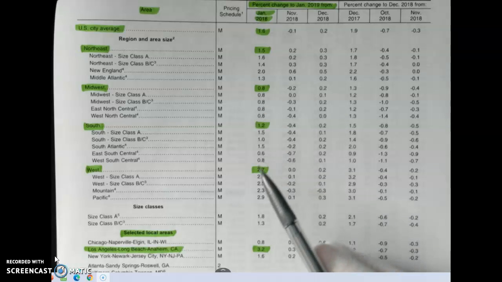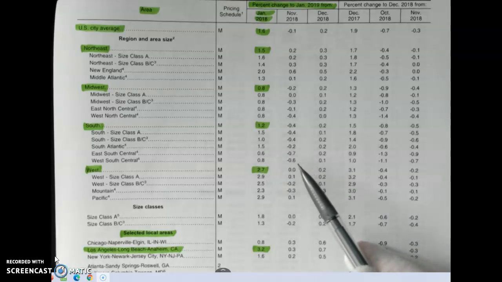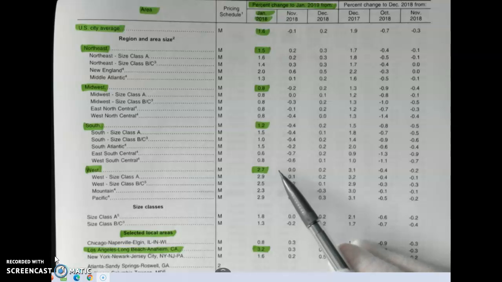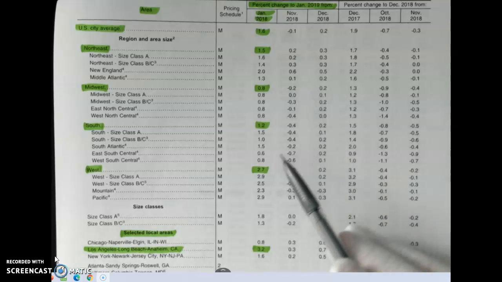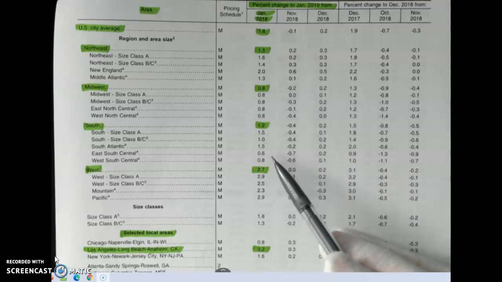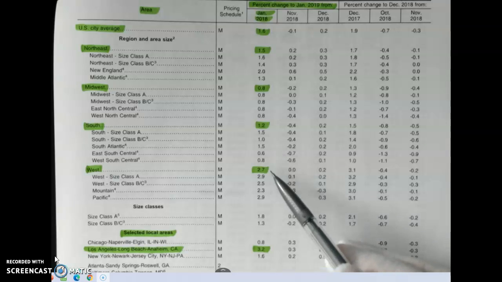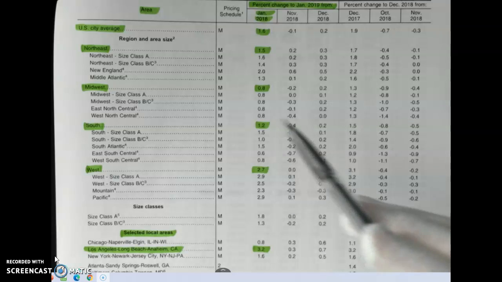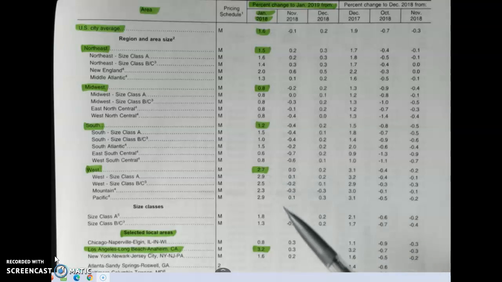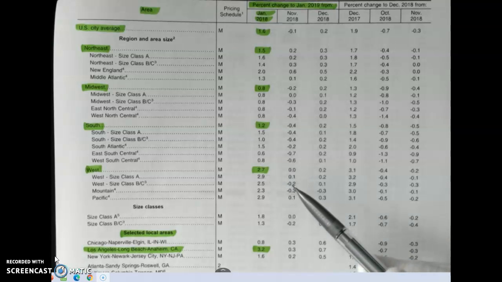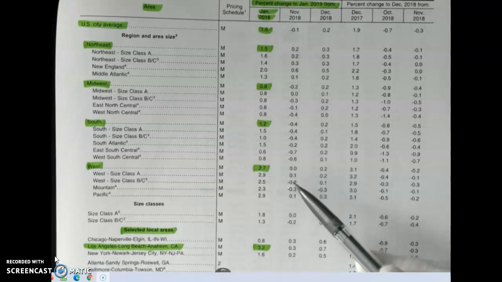Now, quite frankly, people wouldn't notice these differences to any large extent. But the gaps may get even bigger as an inflationary cycle takes hold. So if we were back in the 70s style inflation, you could see 12% in the West and maybe 6% in the Midwest, that kind of gap. And that's where people actually sometimes relocate based on cost of living.